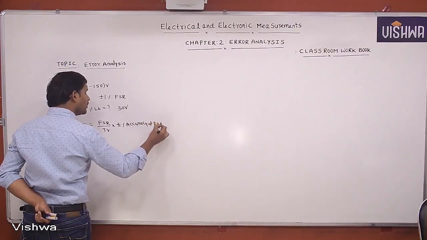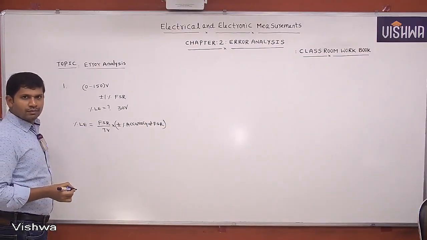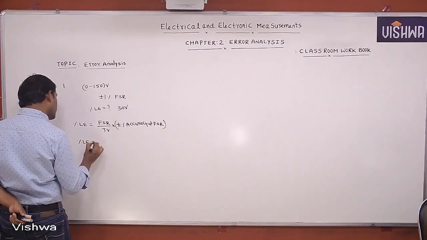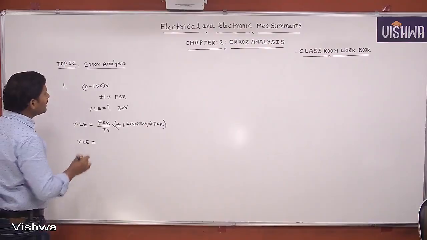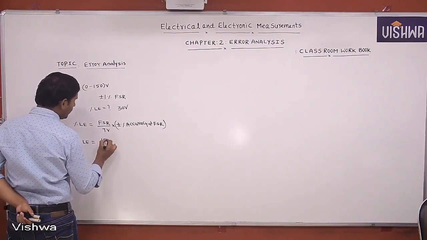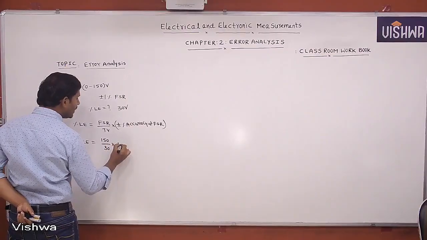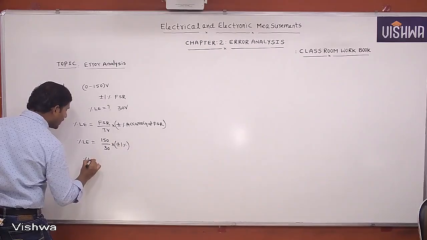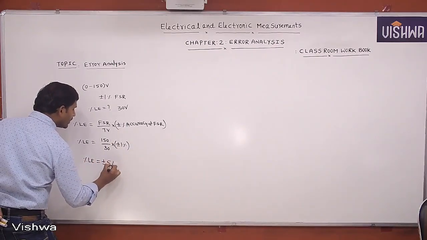Therefore, the full scale reading is given as 150, the true value is 30 volts, and the accuracy at full scale is plus or minus 1%. Then the percentage limiting error we get is plus or minus 5%.